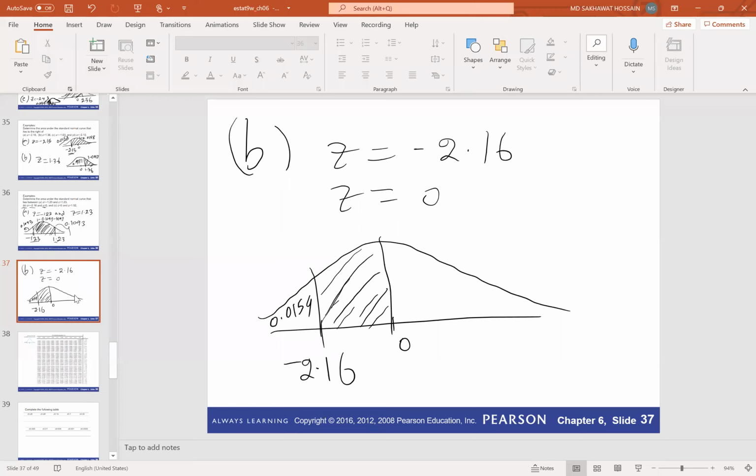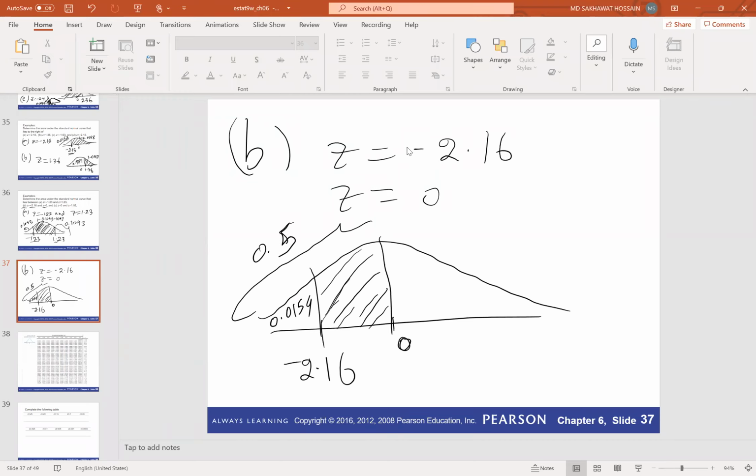Now if you look at 0, what will be the area to the left of 0? This is 50%, 0.5. Yeah, that's correct. So if you look at this number, this area will be 0.5.